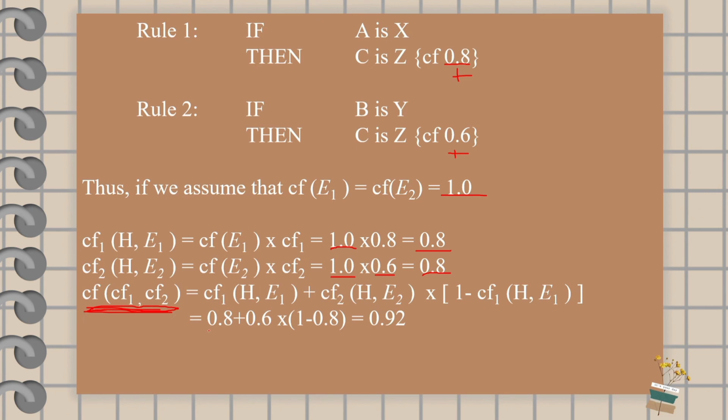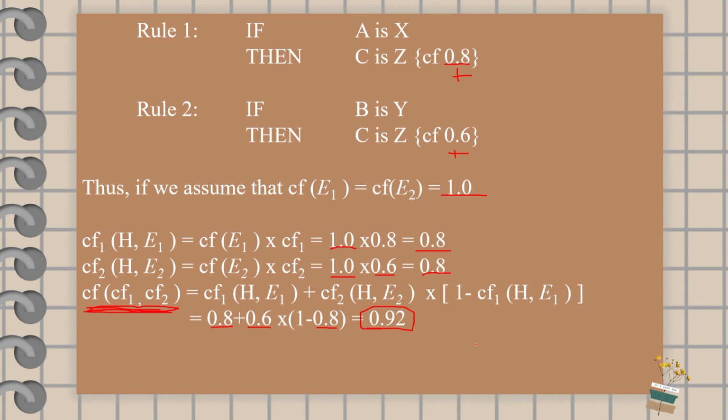Here we're going to substitute. The value of CF1 is 0.8 and the value of CF2 is 0.6 times 1, which is constant from our formula, minus 0.8, the CF1, which equals 0.92. So here is the answer.